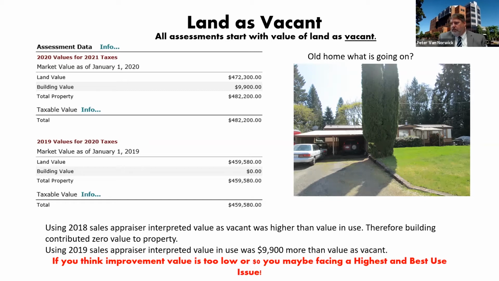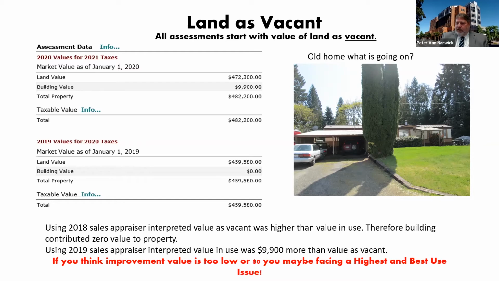The next year we had $472,300 on the land, all of a sudden $9,900 on the building, and $482 thousand on the total property.